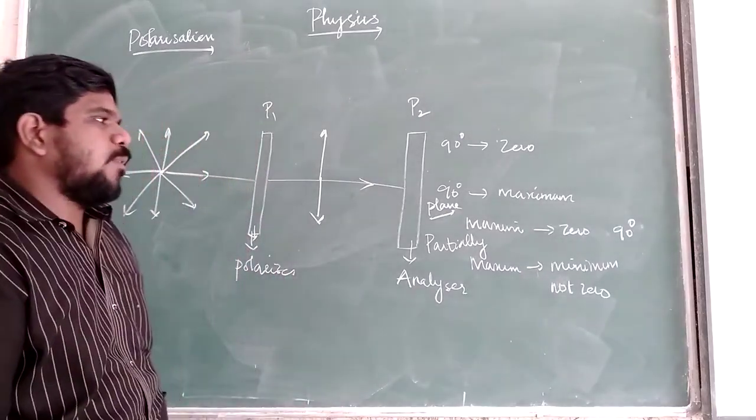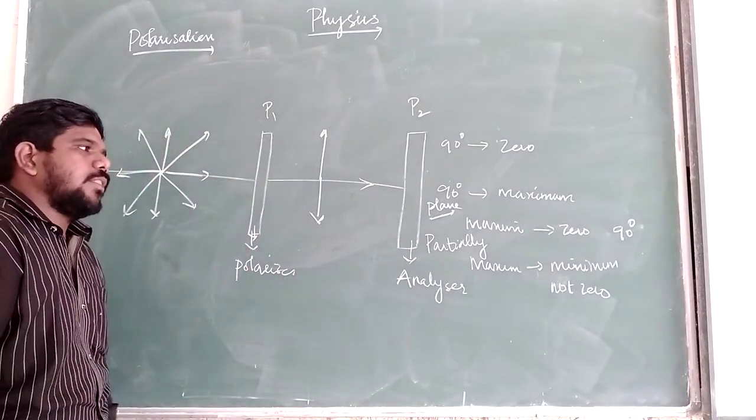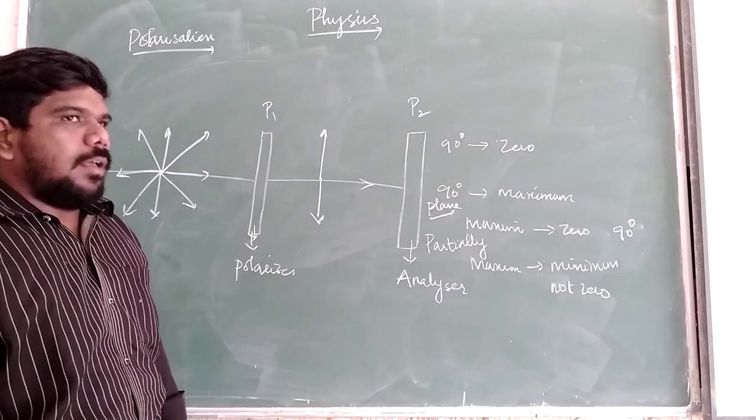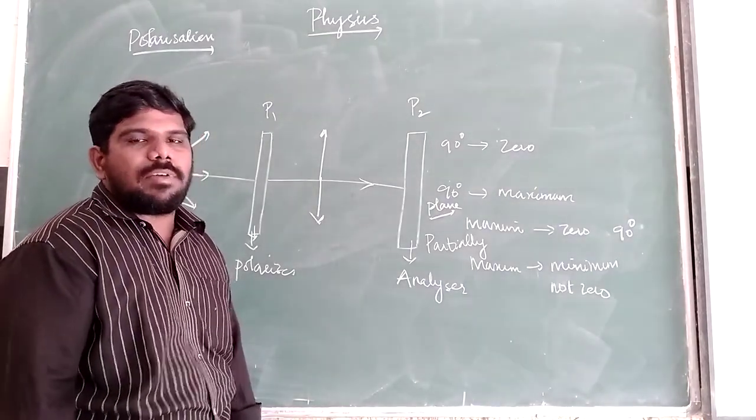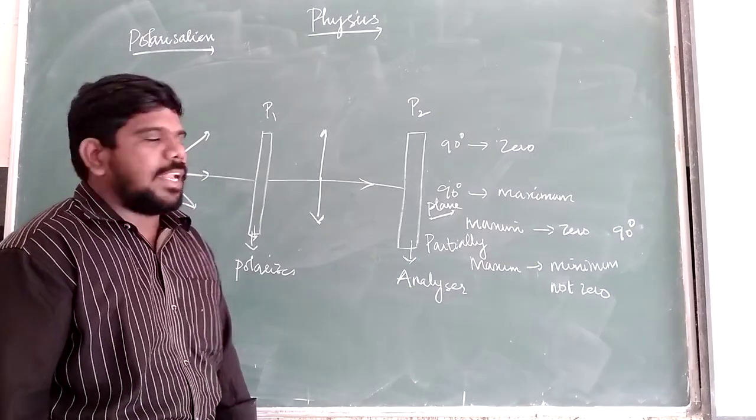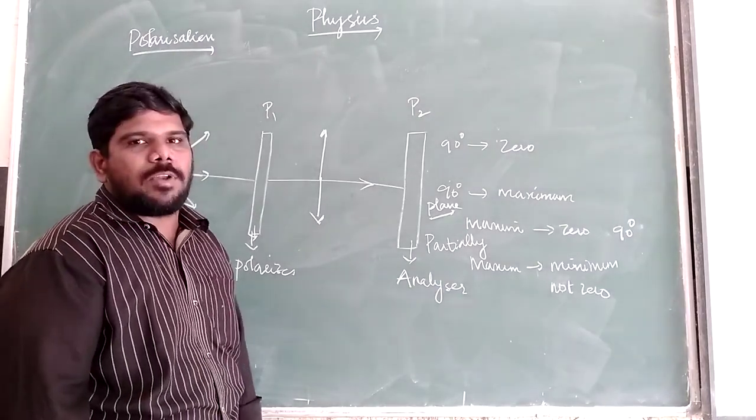So what are plane polarized and partially polarized light? When the intensity of light varies from maximum to 0 for every rotation of 90 degrees, then it is called plane polarized light.